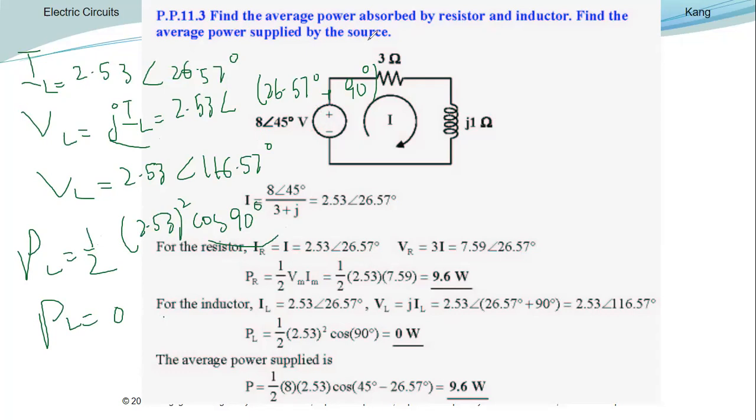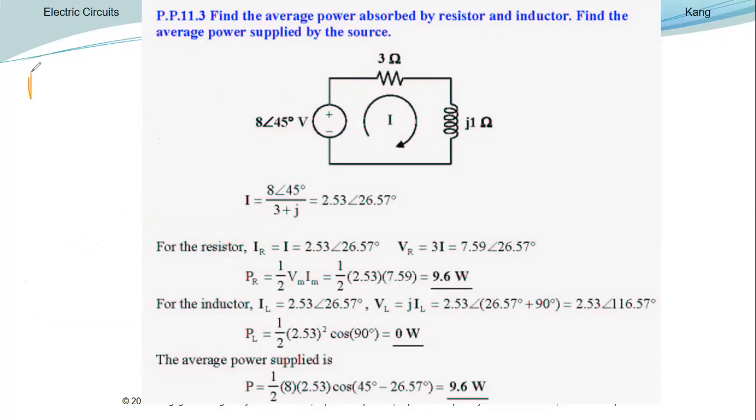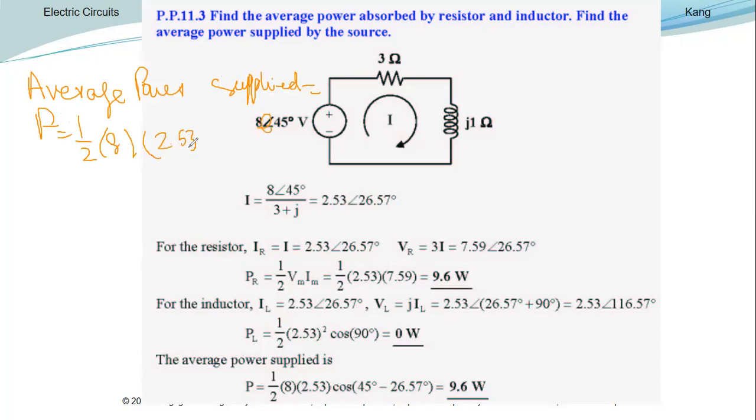Now we have to find the average power supplied. So the average power supplied will be equal to P, half the value of 8, this one, then the 2.53 amplitude, and then cos of 45 degrees, this is the angle, and second is 26.57 degrees, this is the angle of the current.